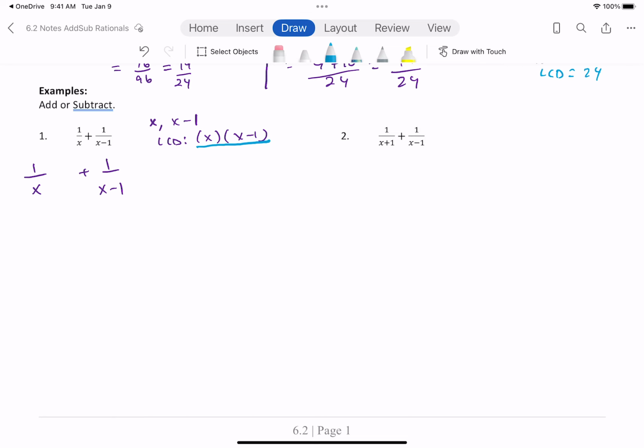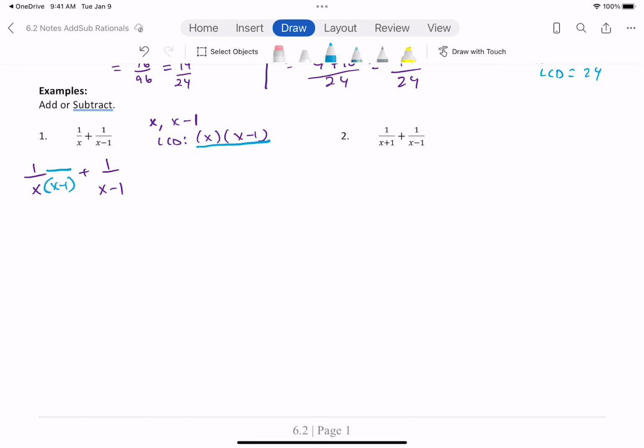So for the first fraction, I have 1 over x. I want the denominator to be x times x minus 1. So I'm going to write right here what I need to make it look like that. I already have the x, so I need that x minus 1 to have x minus 1.